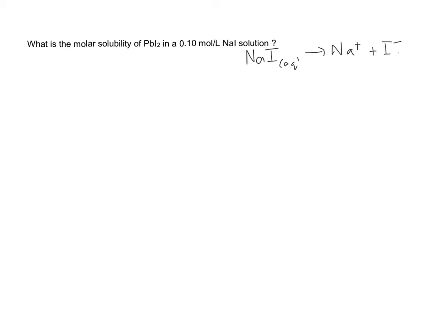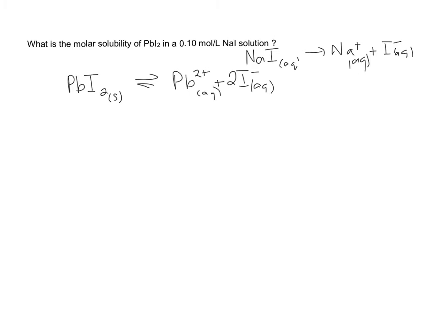So the difference here from our first example is that we will have a starting concentration for just iodide, because lead iodide and sodium iodide have a common ion, and that is iodide. So we still write the solubility equation for just lead iodide because that is the one that's present as a solid.